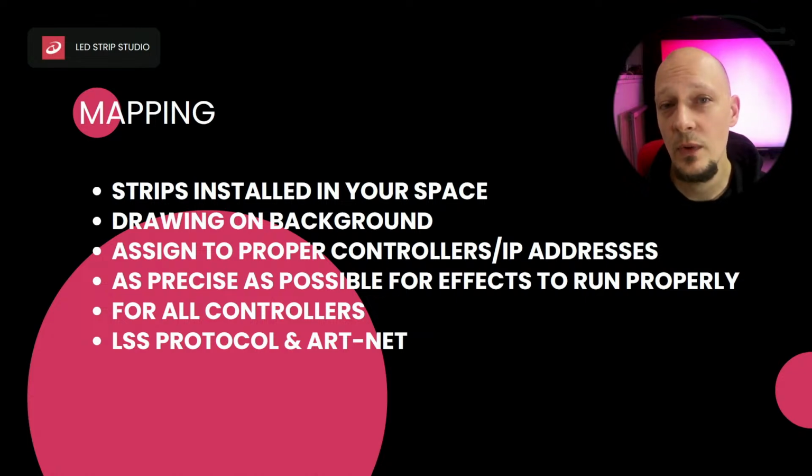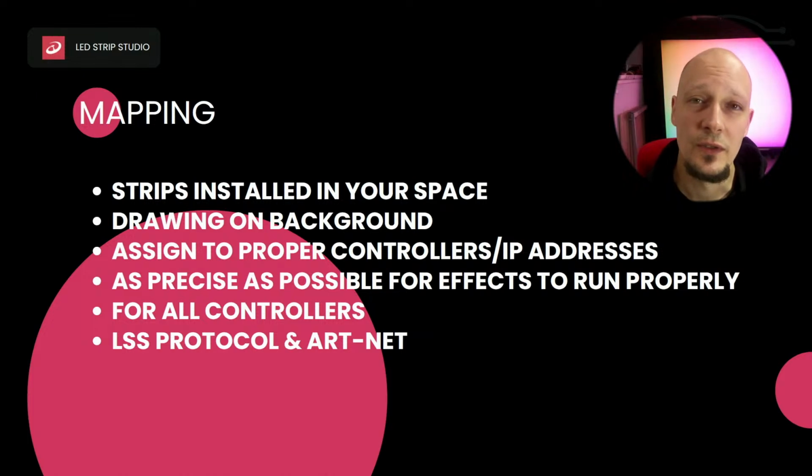You want the mapping to be as precise as possible. That is, you want to lay down the strips in the software perfectly, so that the effect will be shown properly.